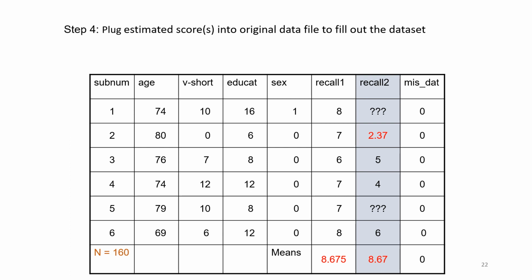We would then have to do that for participants 3 and 5, which would be repeating step 3 two more times using the variable values associated with participants 3 and 5. Once we do that, we have imputed the missing data for recall at time 2.